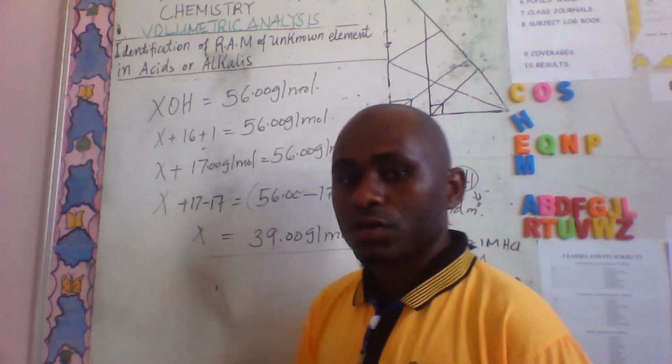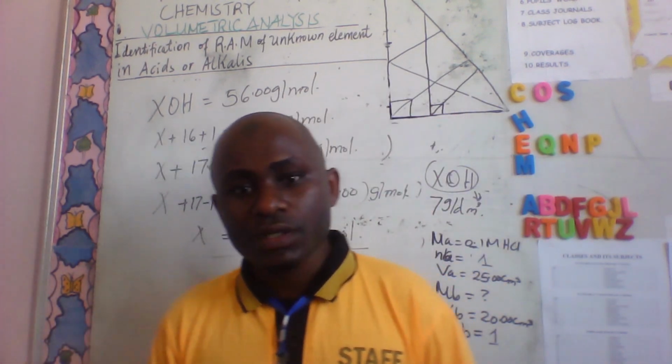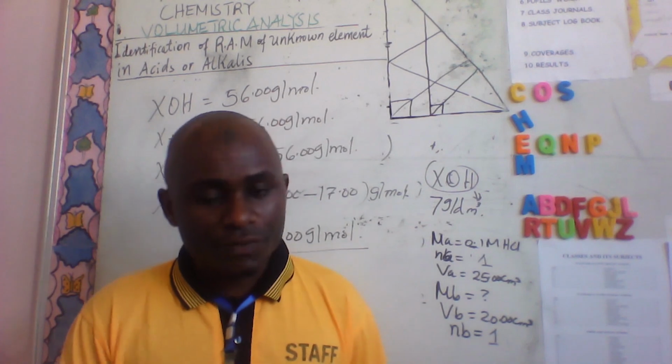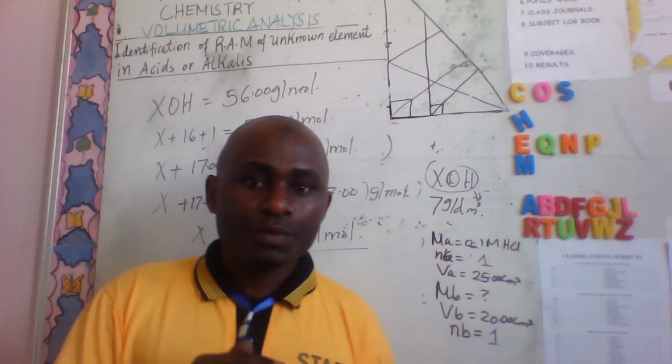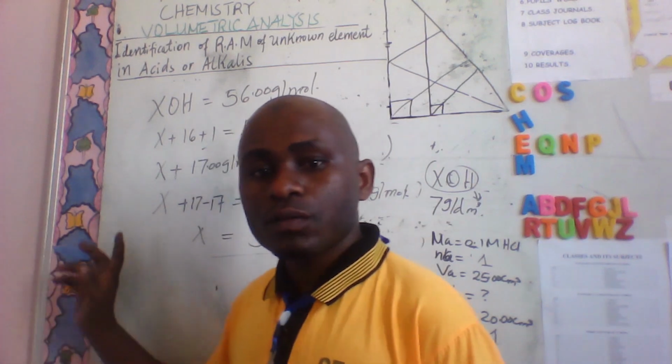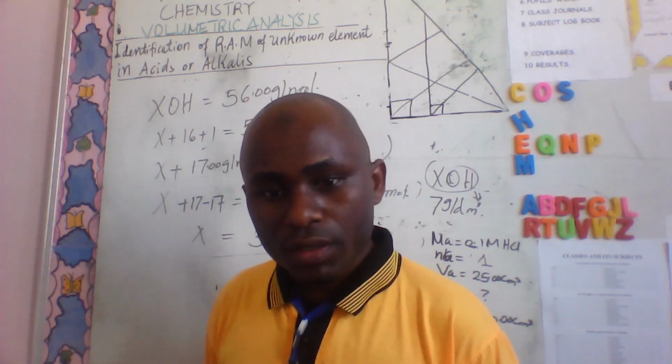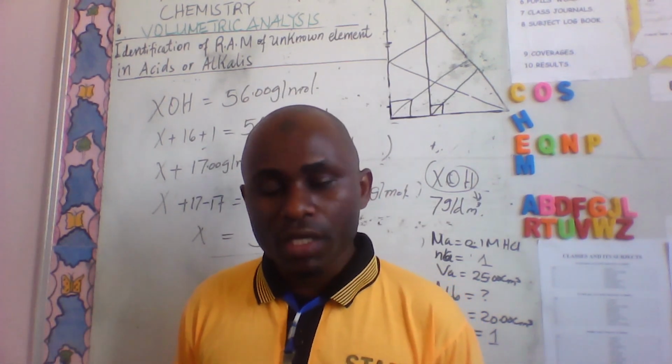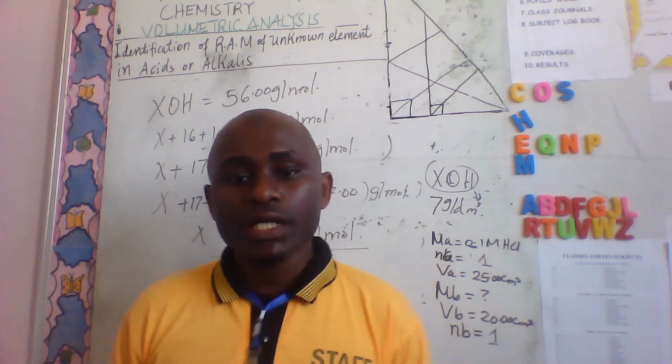In order to identify this, we need the concept of periodic classification. When we look in the periodic table, in group 1, we can find the element with the relative atomic mass of 39, which is potassium.